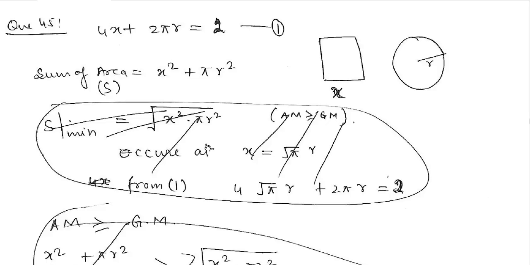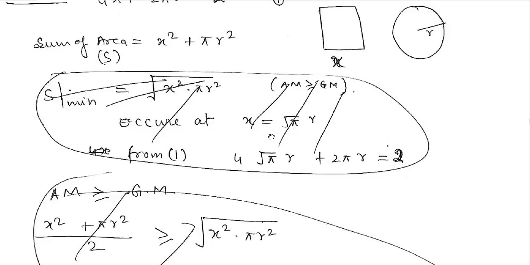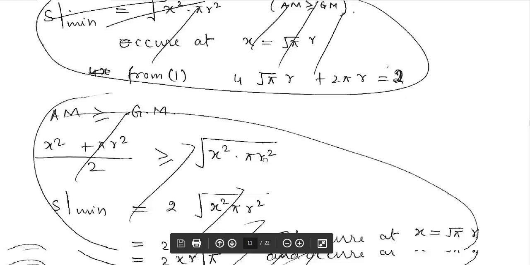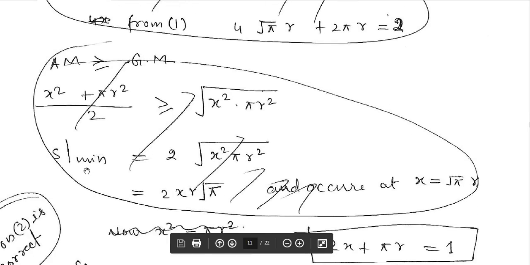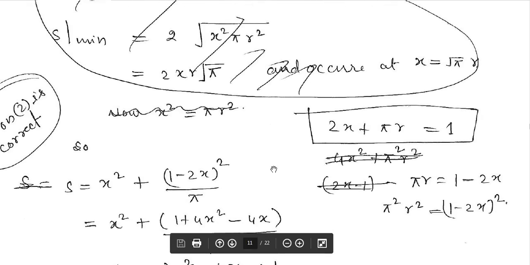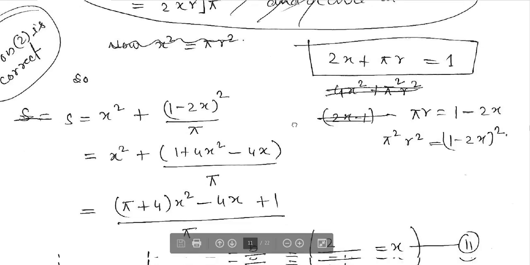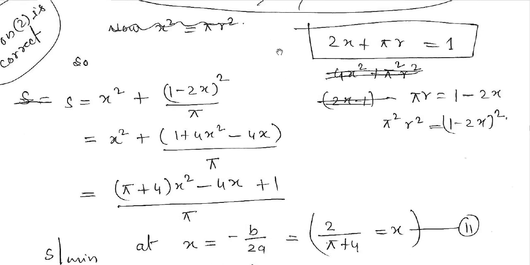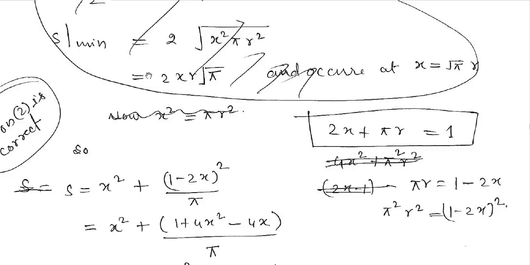What I was initially thinking is that S min would come from AM-GM, but there were no options matching. So I even got S min like this using AM-GM, but AM-GM was unable to give the answer.